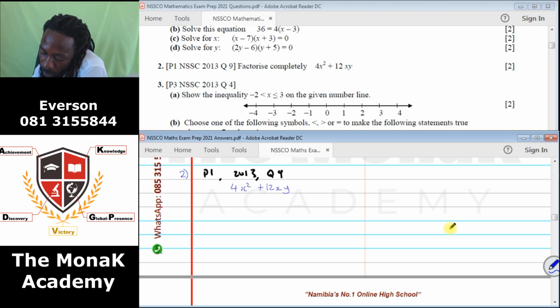So numbers 4 and 12, 4 is a factor. Letters x squared and x, so x is the small x, but y we have nothing. So we remove 4 and one of the x's, we remain with just one x. 12 divided by 4 gives you 3. We remove the x, so we are left with only the y. So like that, it's done.